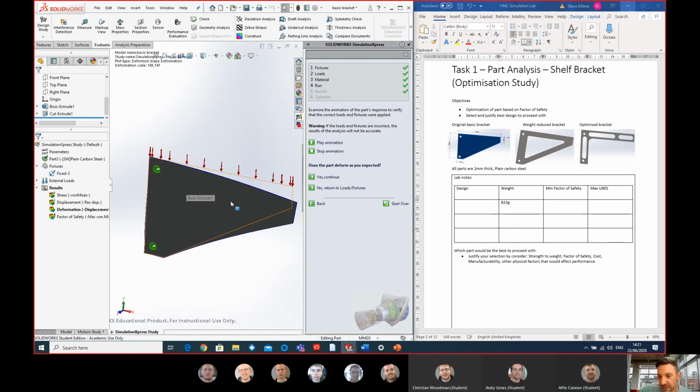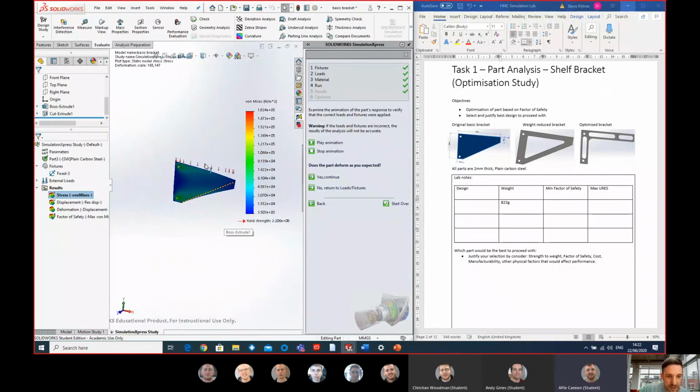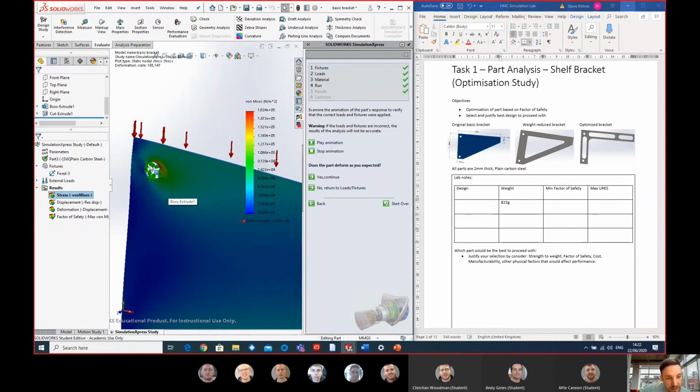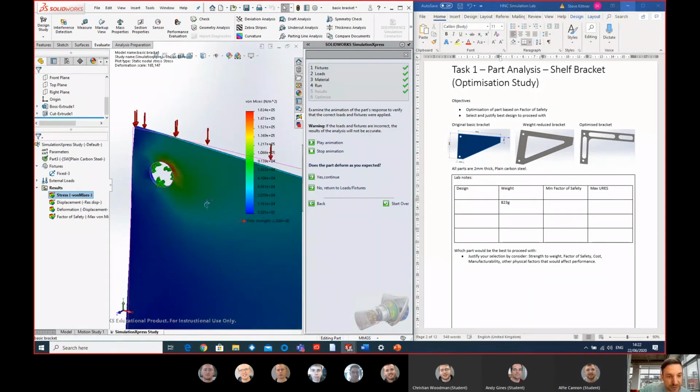What I'm interested in is the uniform displacement, and I'm also interested in what factor of safety we've got. So down the left-hand side here, let's call up the stress. So this is showing me the stress of this part, and I can use this then to analyze which areas have the most stress applied to them.